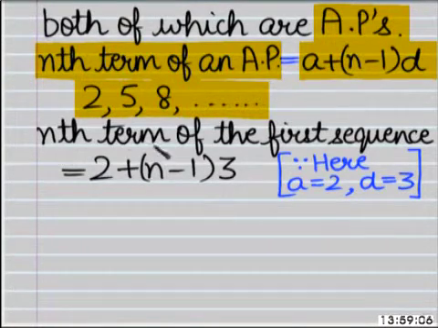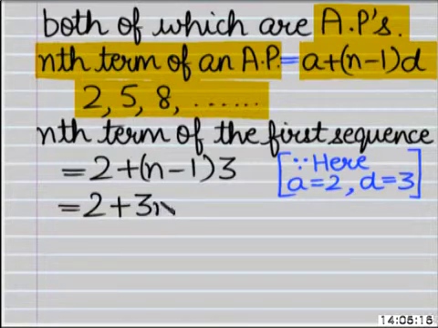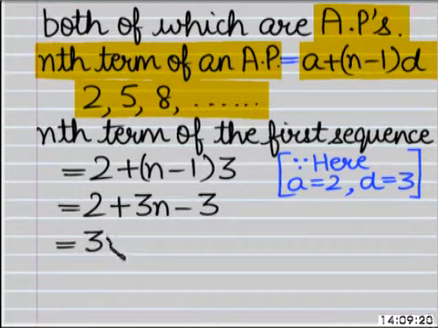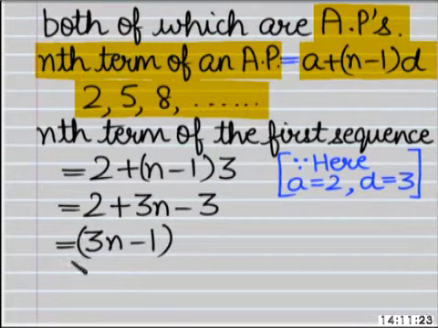So the nth term of the first sequence is further equal to 2 plus 3 into n minus 3, which is equal to 3 into n minus 1.